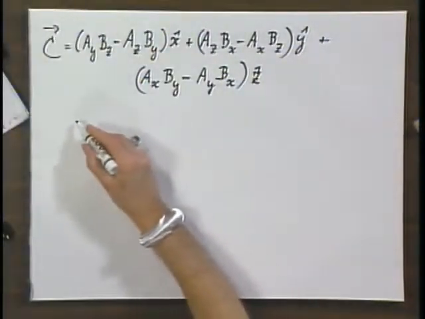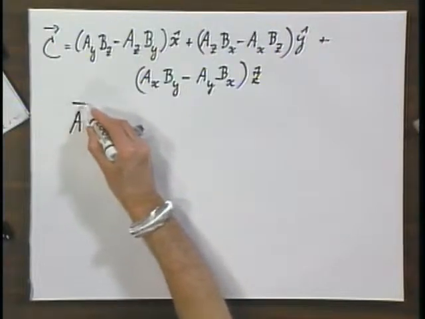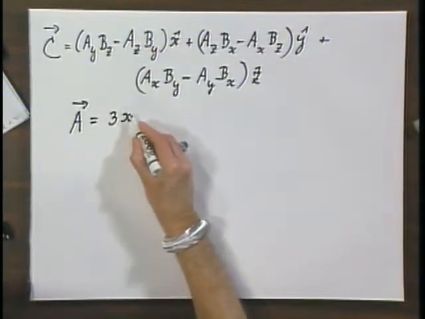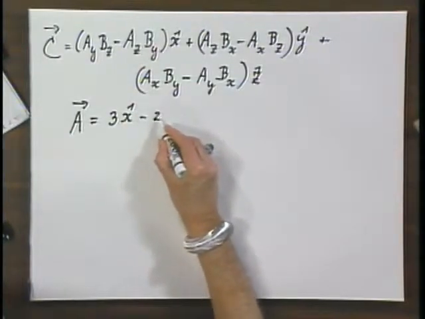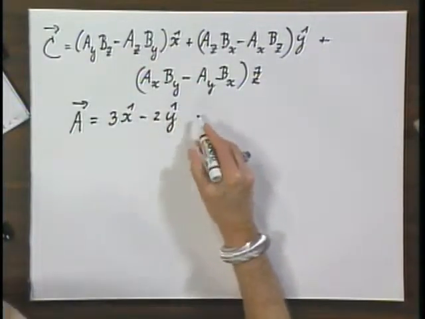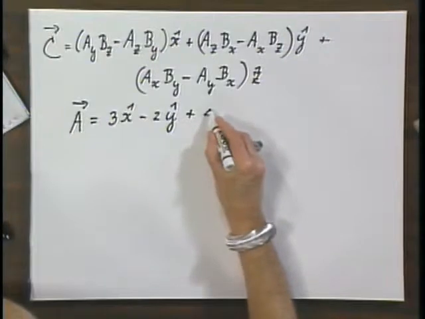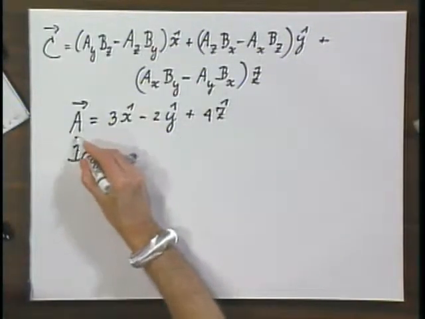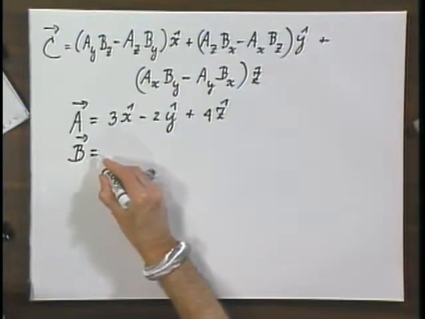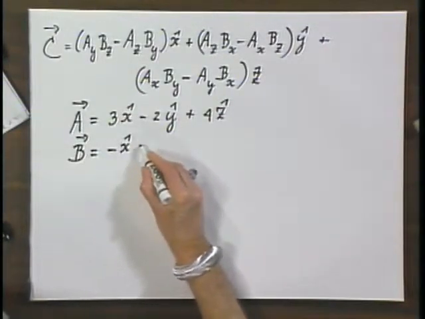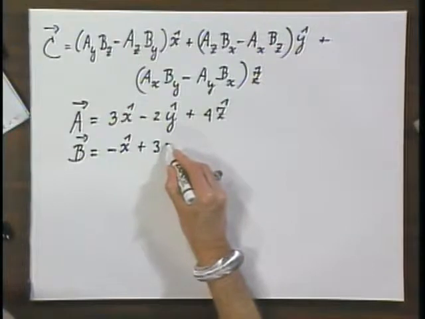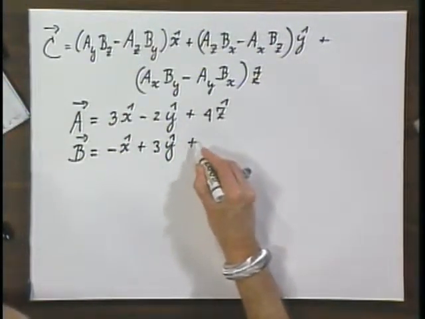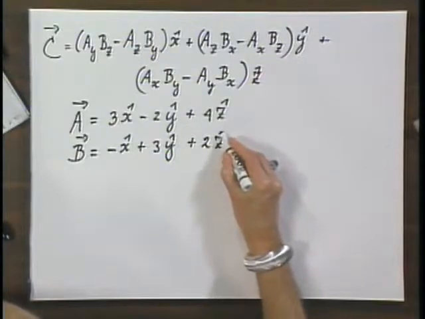Let's now take a vector A, and we take the one that we have worked with before, 3x roof minus 2y roof plus 4z roof, and we take B, which is one we have also seen before, minus x roof plus 3y roof plus 2z roof.